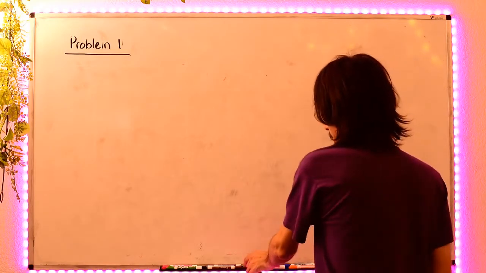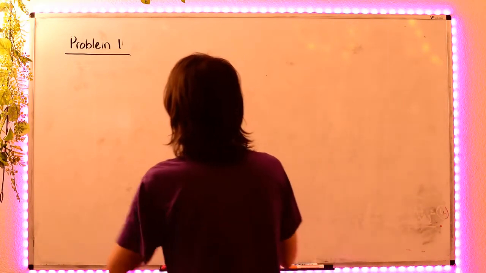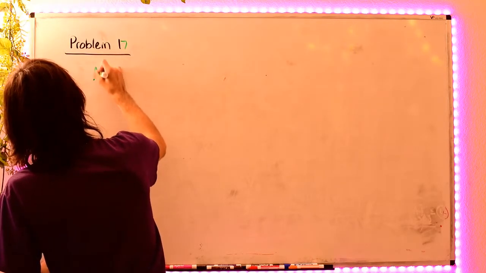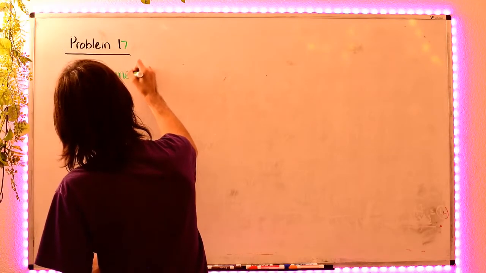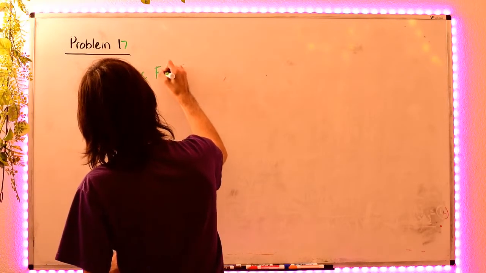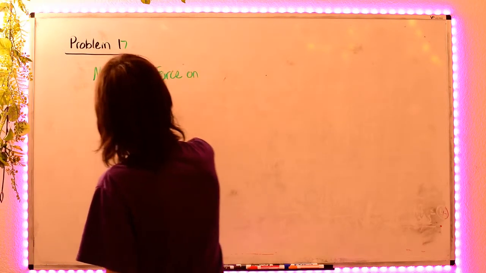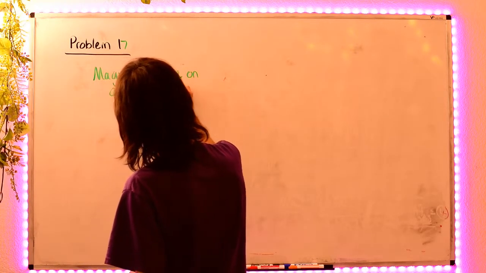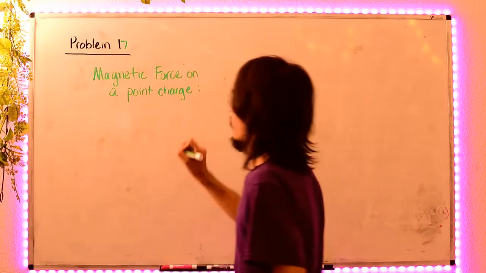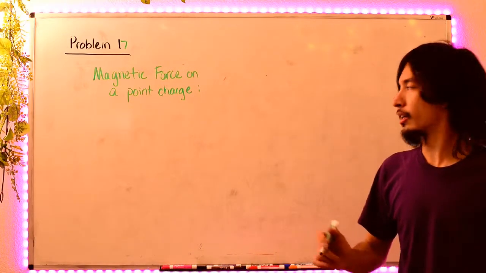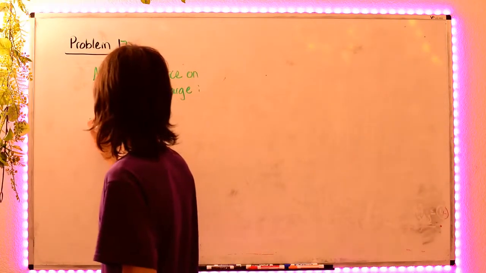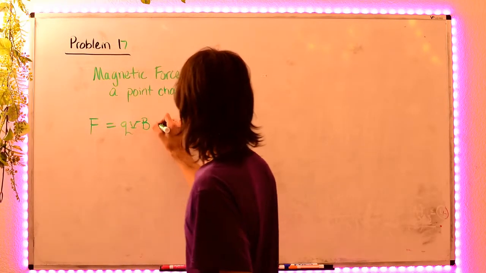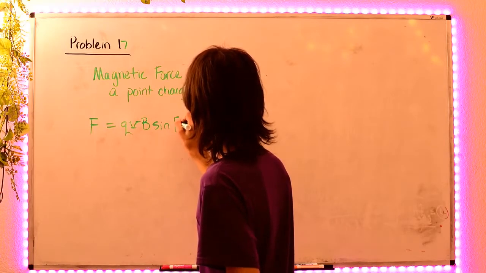The magnetic force on a point charge is given by the following equation: F equals Q V B sine of some angle.